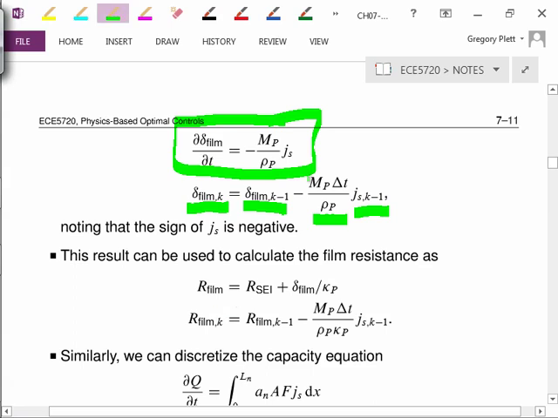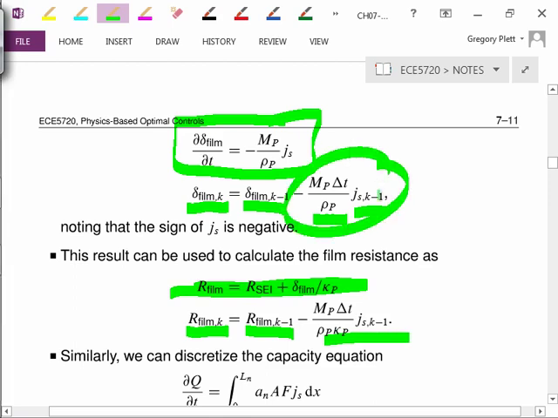Film resistance, once I know film thickness, is easy. The equation that was given by Ramadas is this, and we can turn that into an incremental equation and find out that our film at time k is the same as our film at time k minus 1 minus this update factor by substituting this in for the change in film thickness over one time sample.